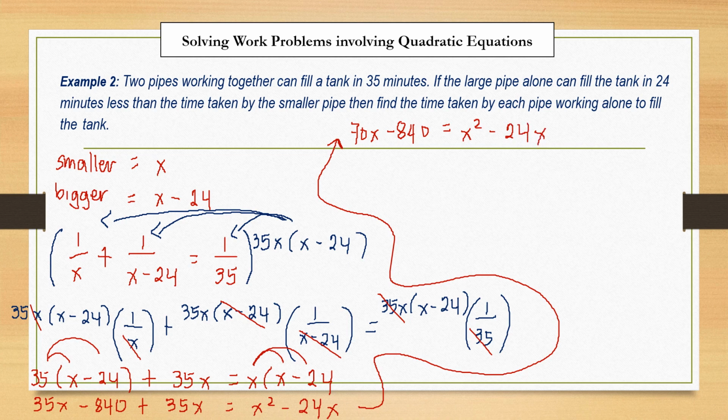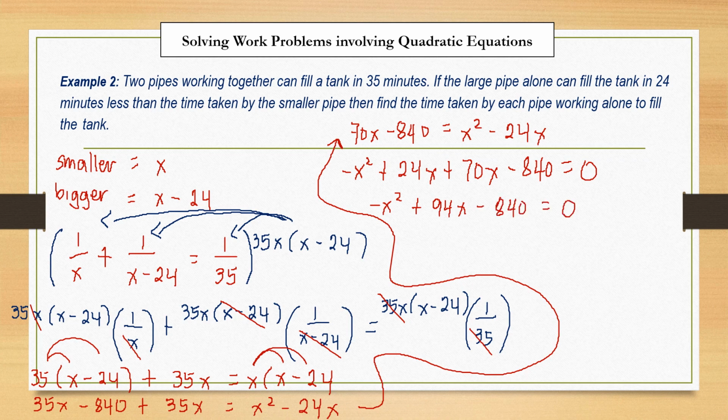Move all terms to the left side of the equation. We have negative x squared plus 24x plus 70x minus 840 is equal to 0. Combine like terms. We have negative x squared plus 94x minus 840 is equal to 0.